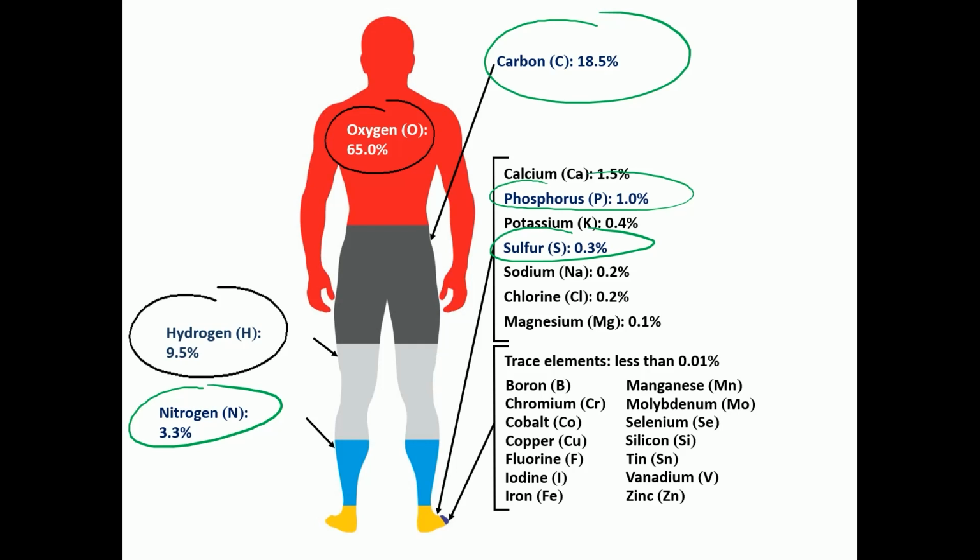And you can see which of these are the biggest components of what we are. So we're going to talk about how these materials get into the food that we eat and get into our bodies. We're going to talk about the hydrologic cycle, which takes care of our oxygen and our hydrogen. We're going to talk about the carbon cycle, which is the next largest chunk. We're going to talk about the nitrogen cycle, the phosphorus cycle, and the sulfur cycle.